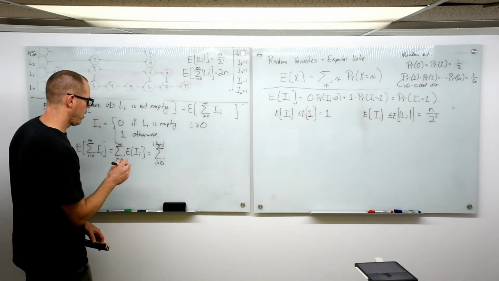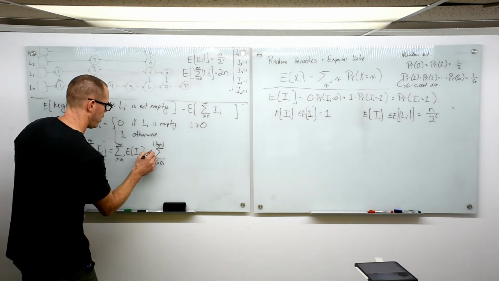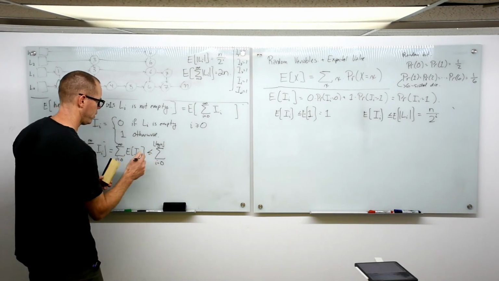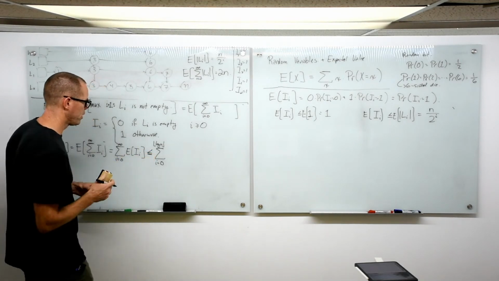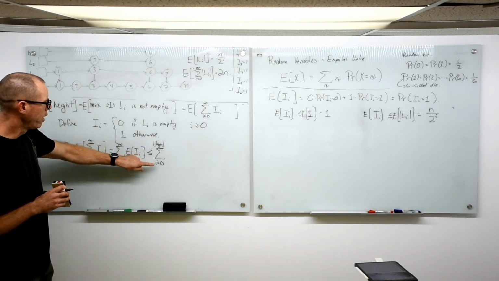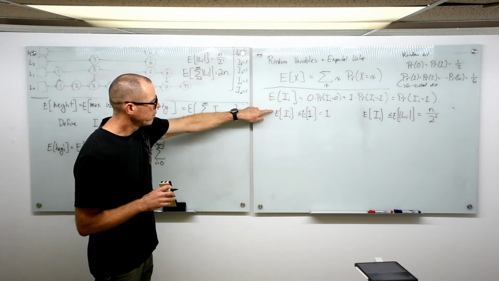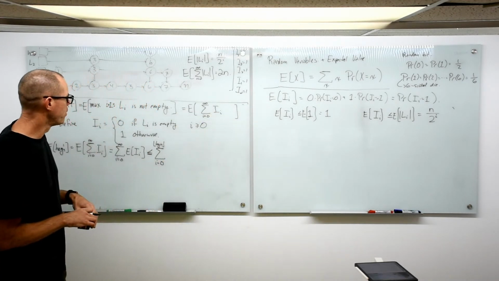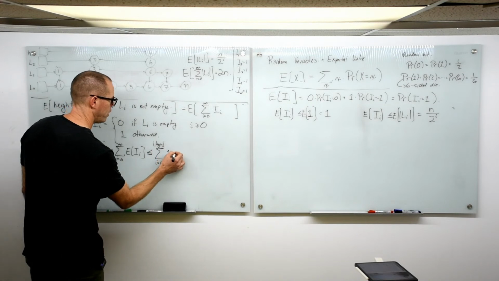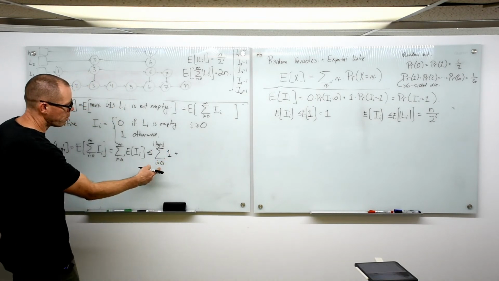So for that first part, for those values of i, I'll just use this: the expected value of I_i is less than or equal to 1. So that's just a smallish part.